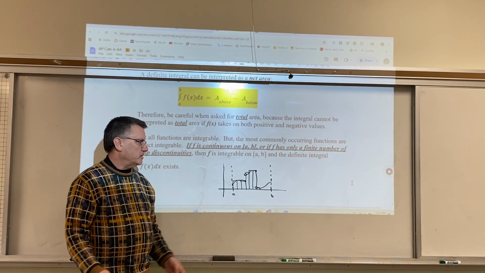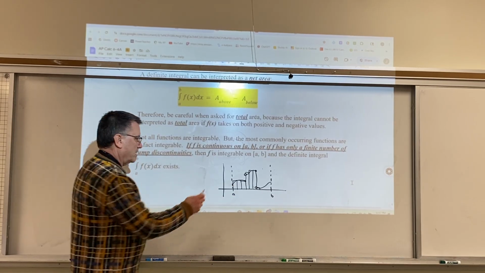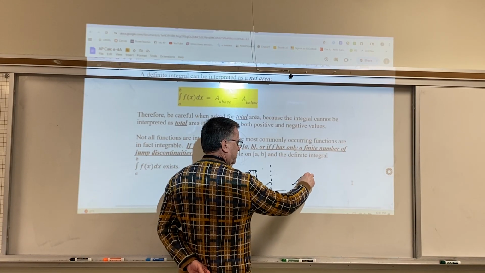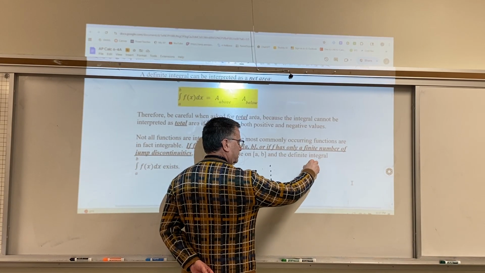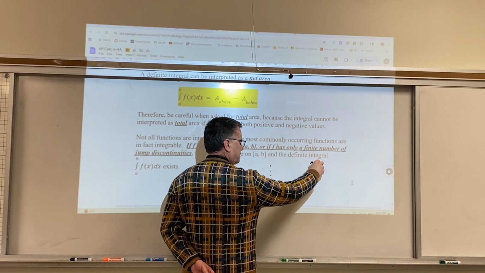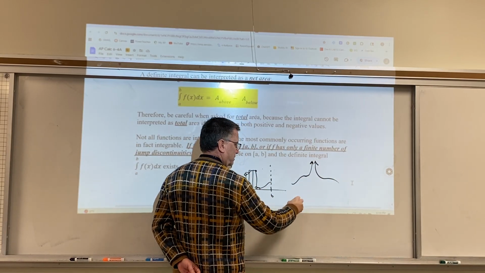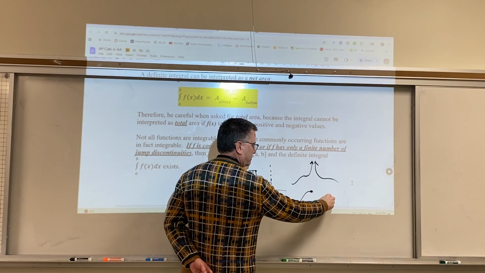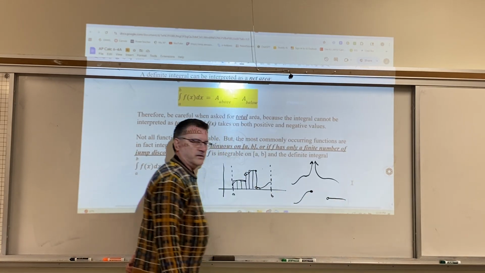What I can't do, if there's not a jump discontinuity, like if there's an asymptote, that's not a jump discontinuity. Or if I go here to here, and then I pick up over here, I can't do that.